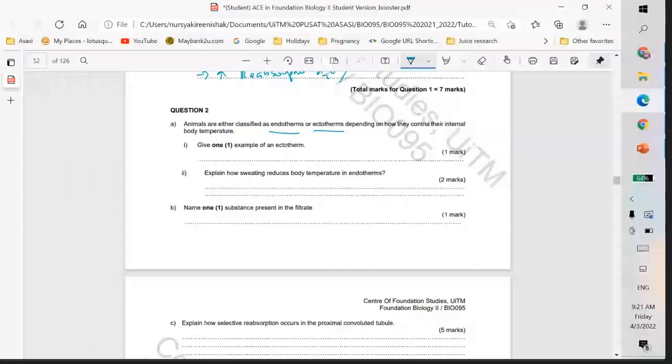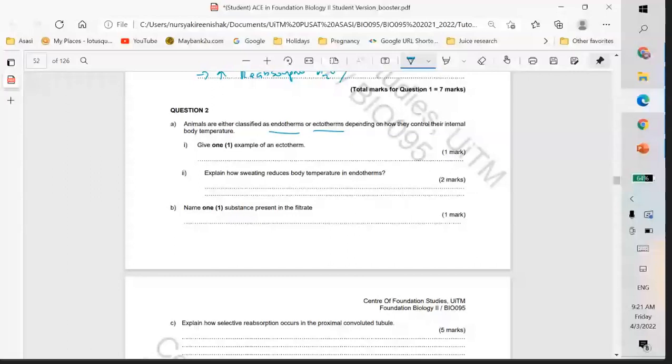For A1, iguana. Give one example of iguana. The second part is explain how sweating reduces body temperature. Sweat glands in skin will secrete the sweat, which will evaporate to cool down the body. This will reduce body temperature into normal.